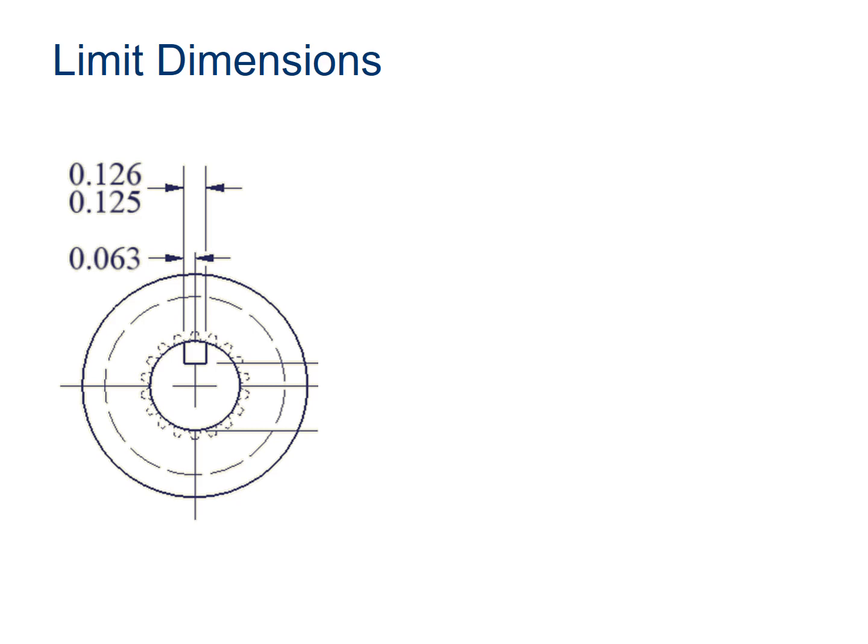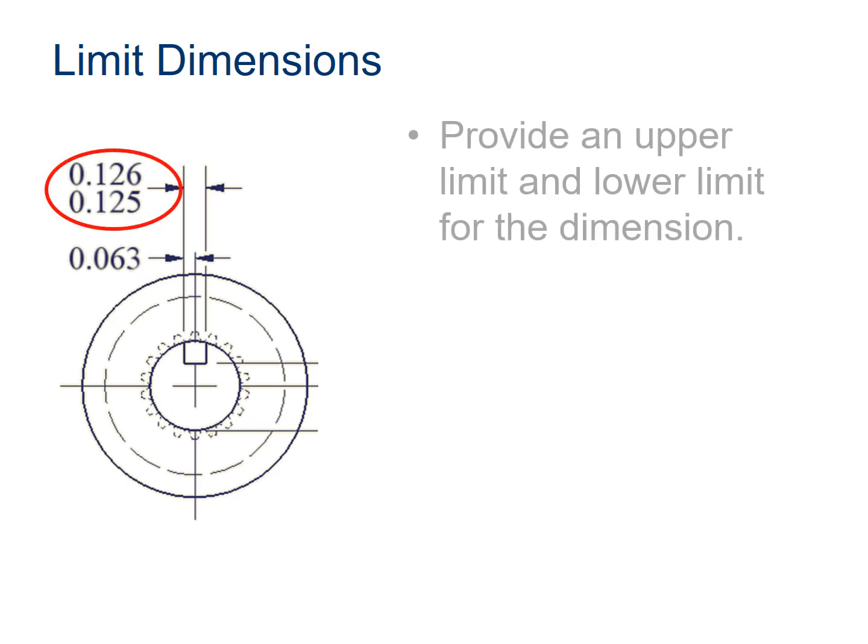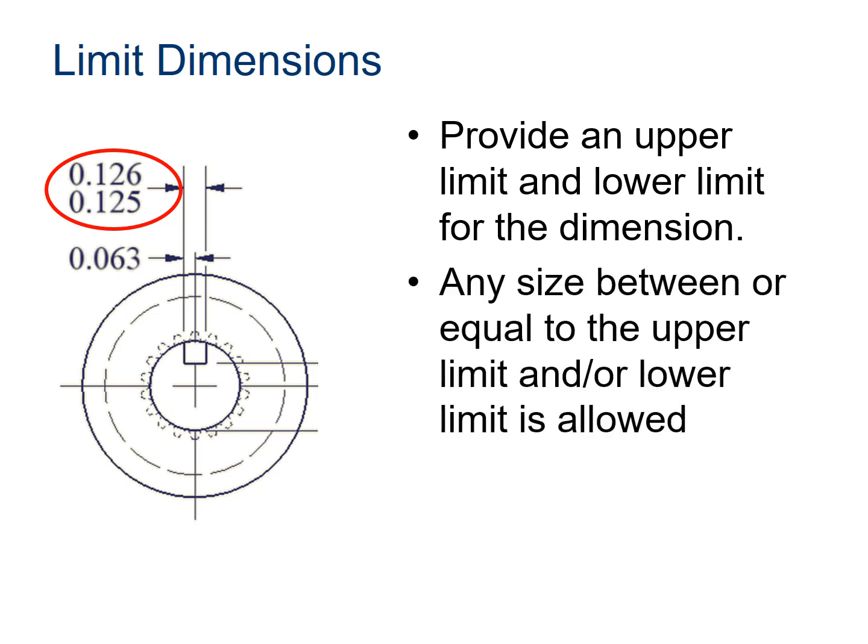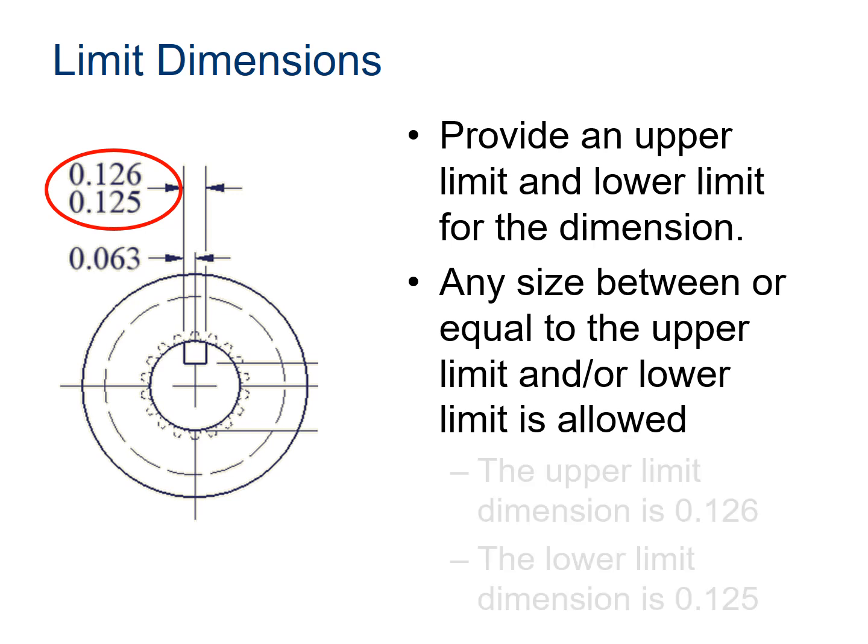All right. So notice, first off, there's your upper and lower limit for that particular dimension. Instead of saying this is what it needs to be, you're given the high end and the low end for that dimension. And so any size in between or equal to the upper limit or the lower limit is acceptable.